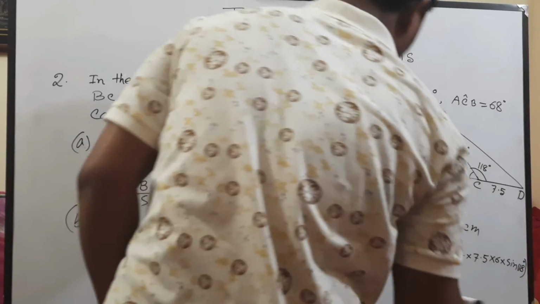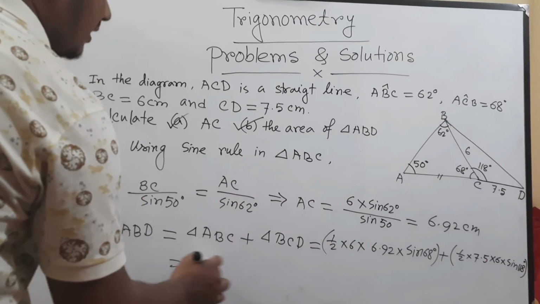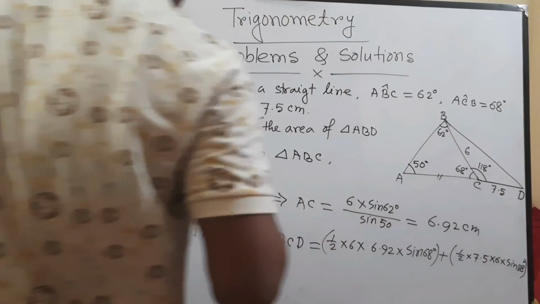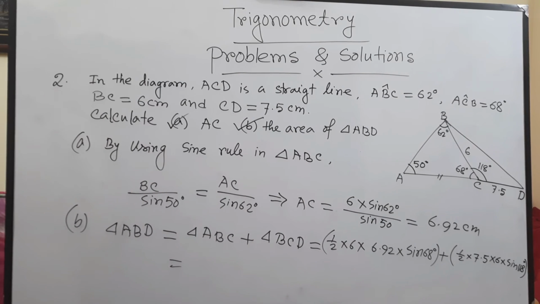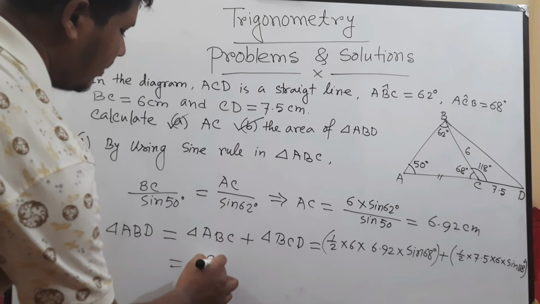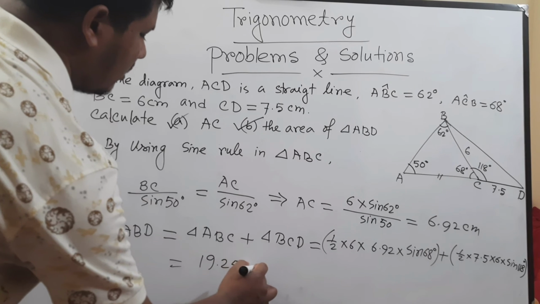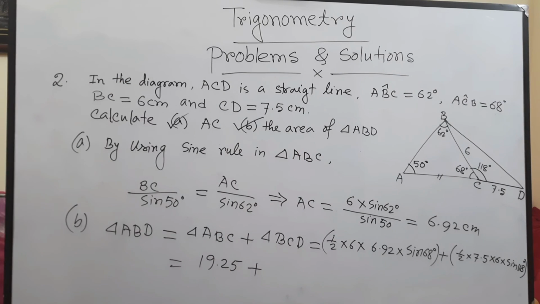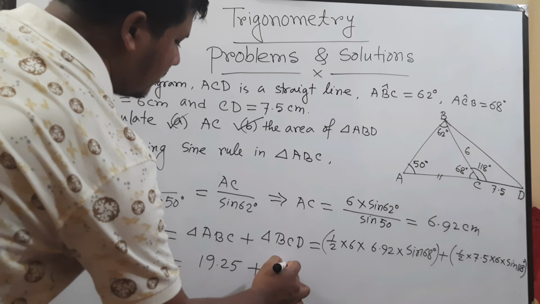Okay, now if we calculate these two values by using the calculator, then we will get 19.25 plus, and the area of triangle BCD is 19.87.